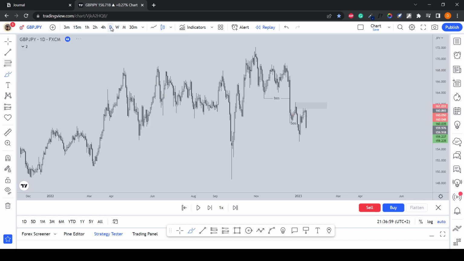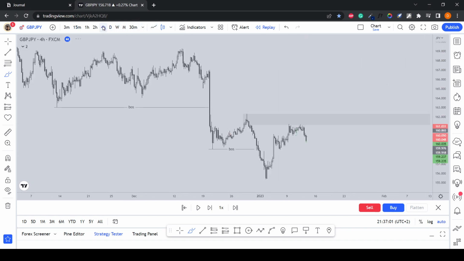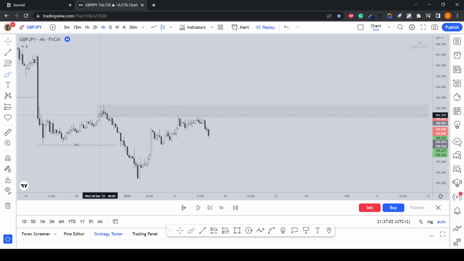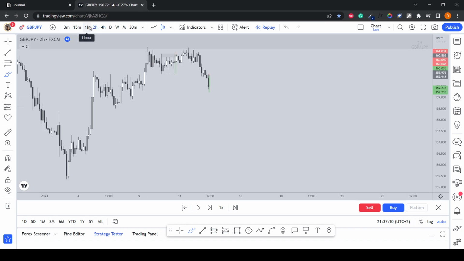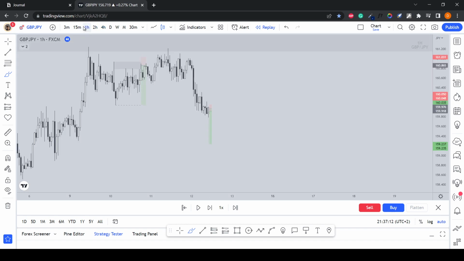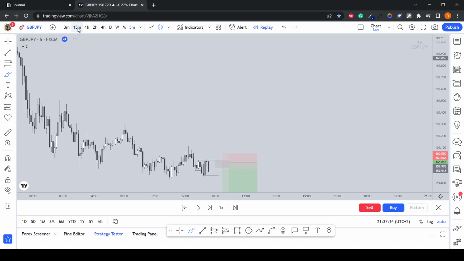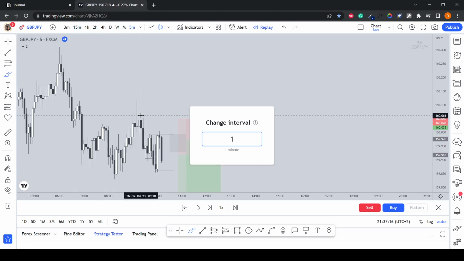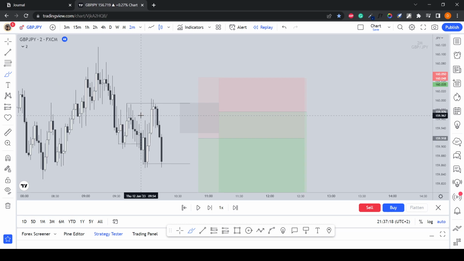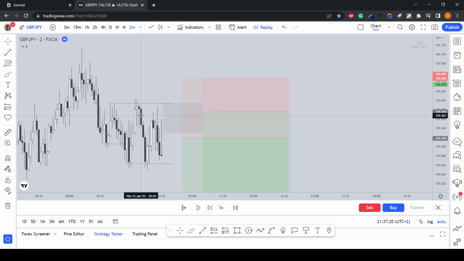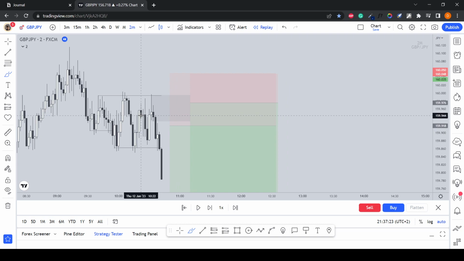And again, remember, daily is bearish. 4 hours, by the way, is also bearish because it's the same range as we had before. And then when the London session started, we created this sideways movement and then this break.